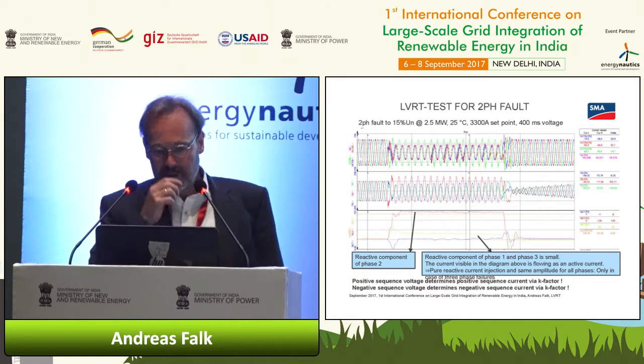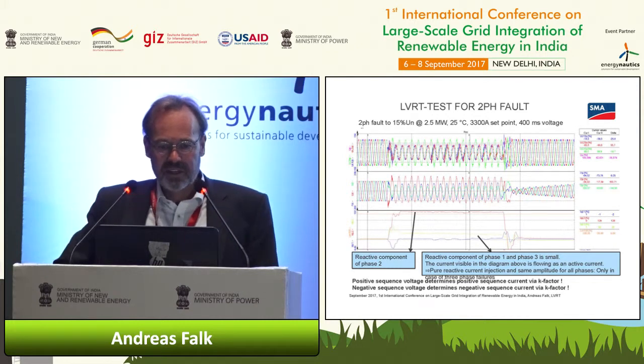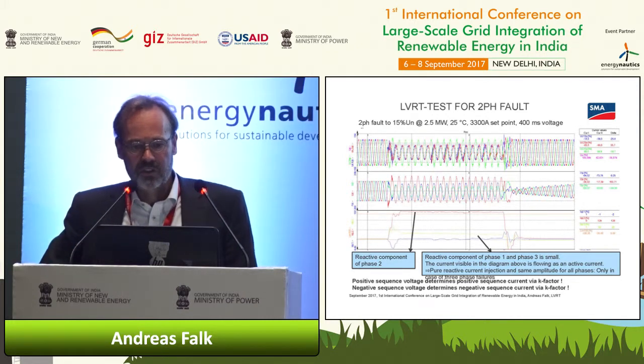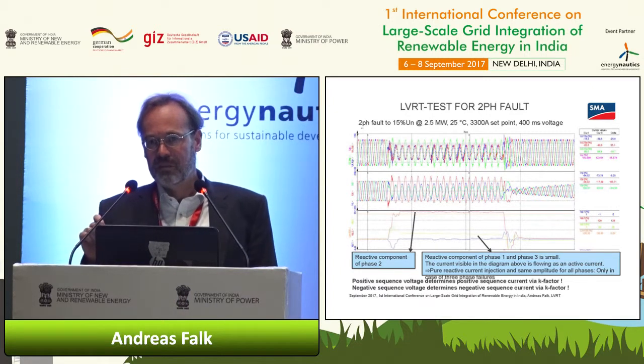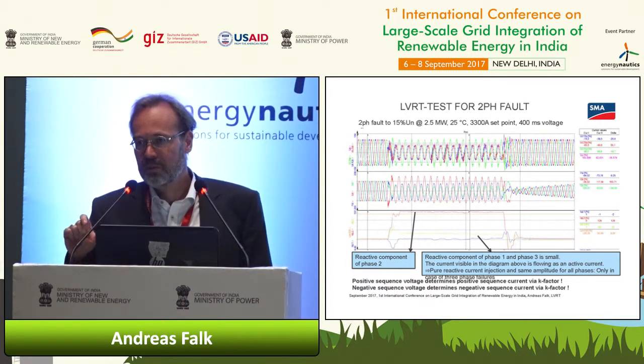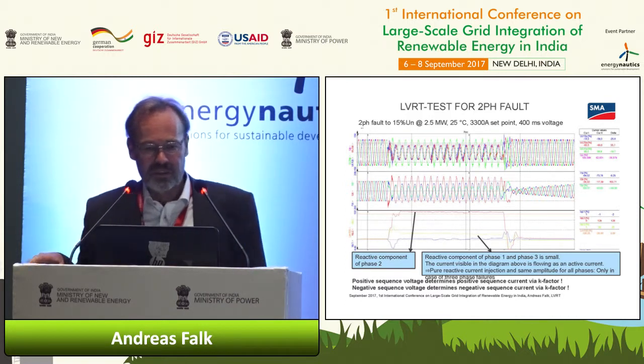And here you see the voltage dip. We have, in that case, phase to neutral voltages of two phases that are the same. That means we have a short circuit between the phases, and the third phase is not affected.